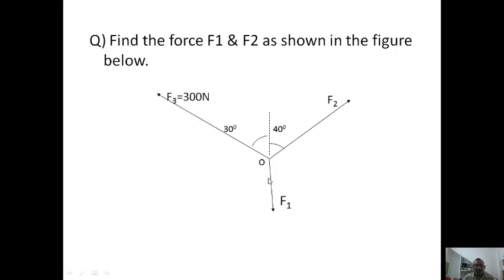In a similar manner, for F3, what is the opposite side? This is the opposite side. Here you can get 90 plus 50, which gives 140 degrees. Where did the 50 come from? Here the 50 is because of this one.